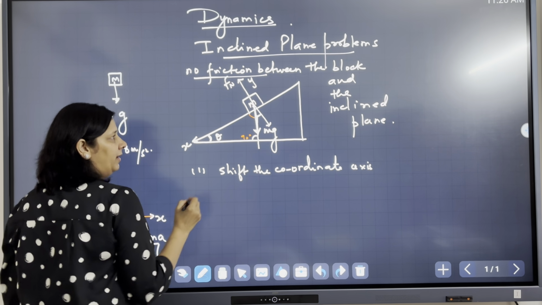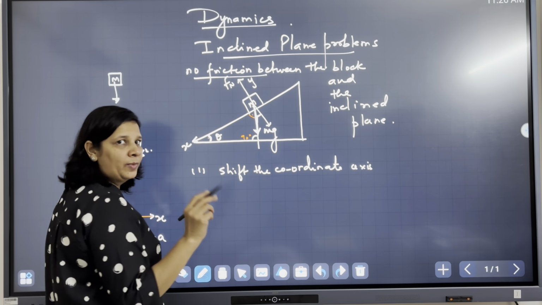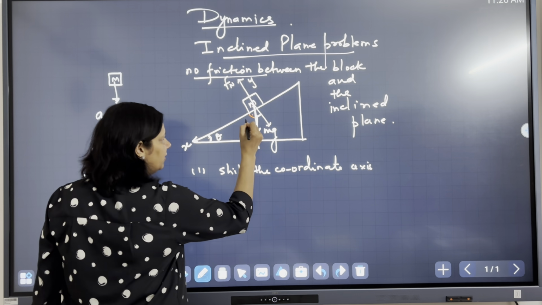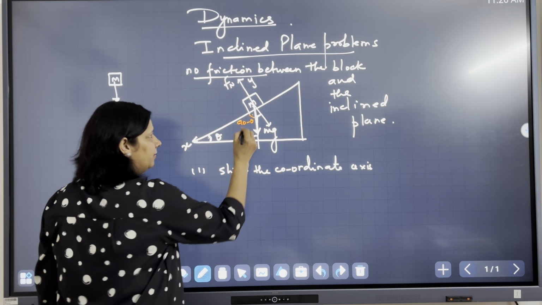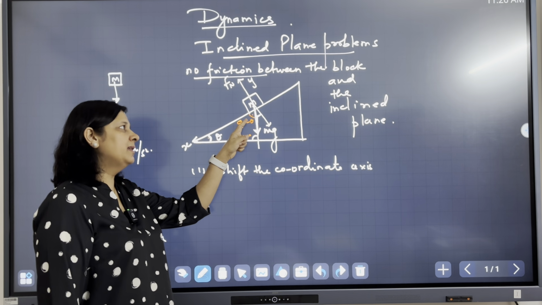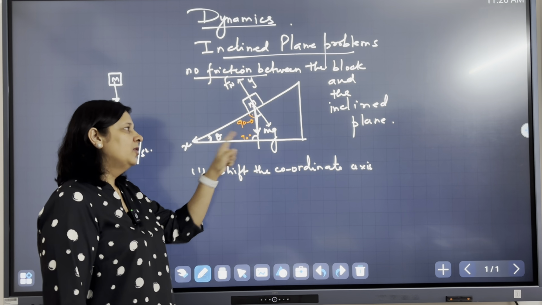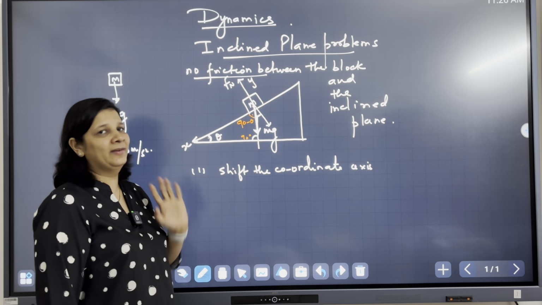The sum of these three angles is 180 degree. So this will be 90 minus theta. Okay, you can check by geometry. This is simple. Theta plus 90 minus theta plus 90 should be equal to 180 degree. So theta will cancel, you will get 180 degree.